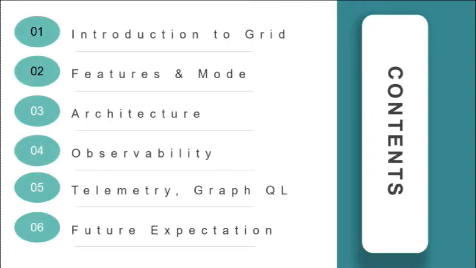Here we'll discuss an introduction to Grid, and we'll cover some of the features and modes. I'll go through the architecture of Selenium Grid, and we'll see some of the features of Grid, like observability, telemetry, GraphQL, and what the future expectations are from Selenium 4.